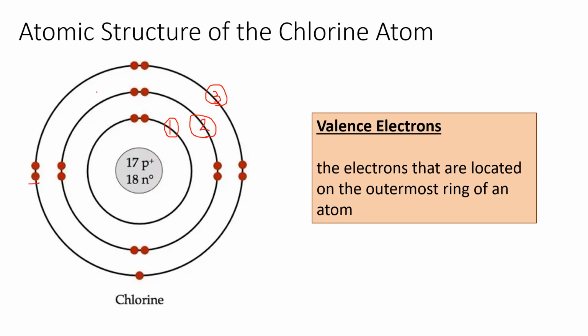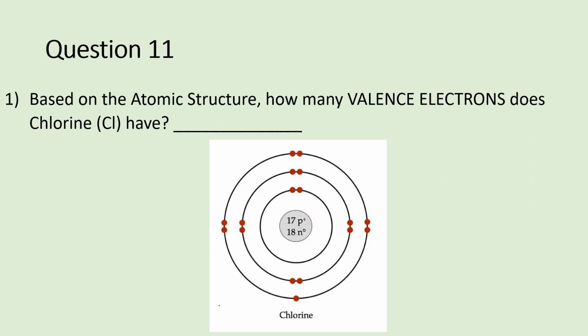You can see that we have 2, 4, 6, 7. So chlorine has 7 valence electrons. Well, I actually just answered the question for you, didn't I? Because this is chlorine, you can see that we have 7 valence electrons.